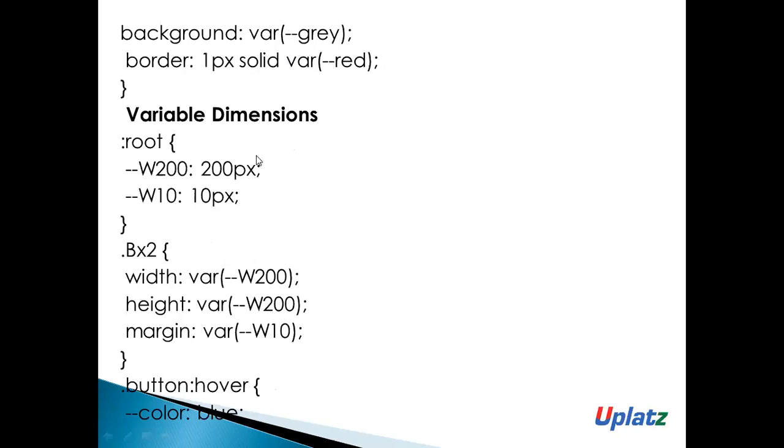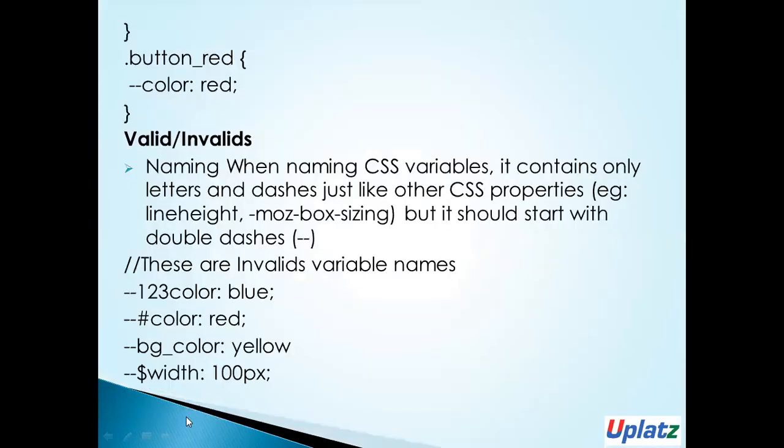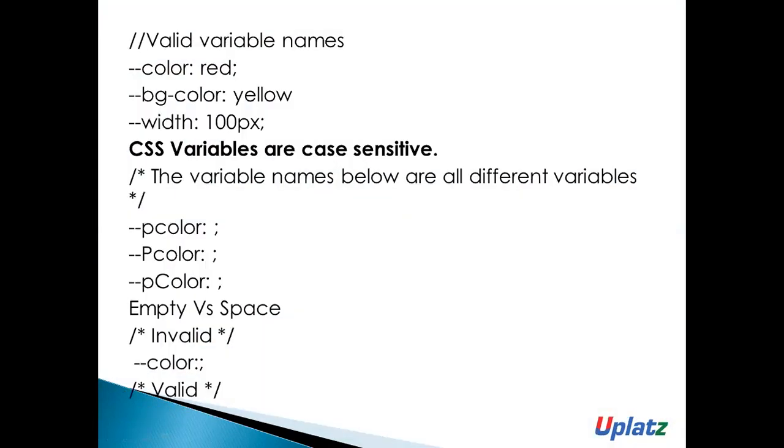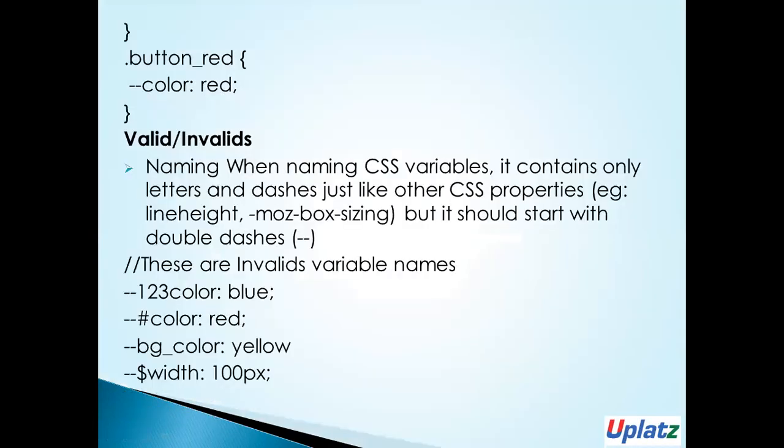The same thing for variable dimensions. In root I have given two things: width, height and margin, and I have used the var functions. For the button hover color I used blue, red and green. So everything I have used. So next is what are valid and invalid.